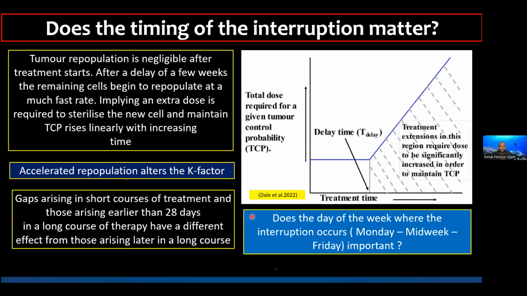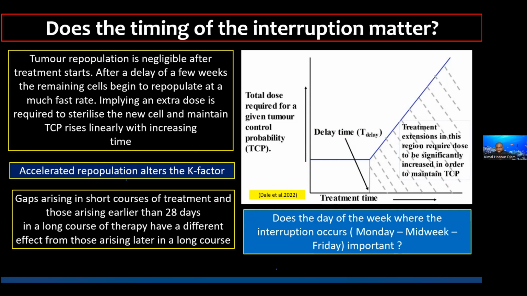Understand that the accelerated repopulation is different for different tumors. In other words, different tumors have different K factors.